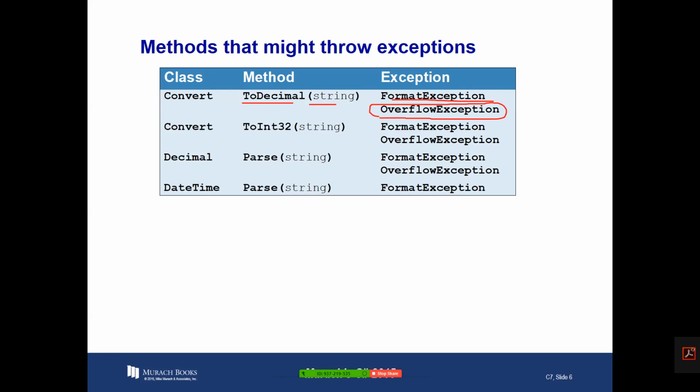Same with an integer, stuffing an integer that's too big into 32 bits. It can be overflow, or again, if you try to type in some letters. Parsing a string into a decimal number, same thing.